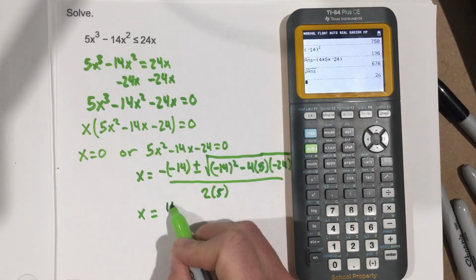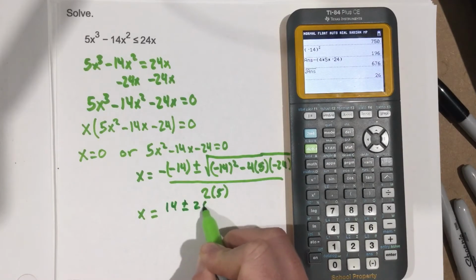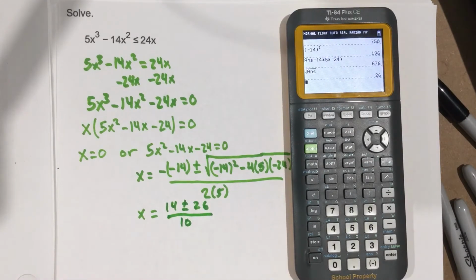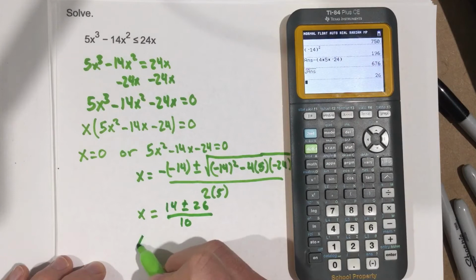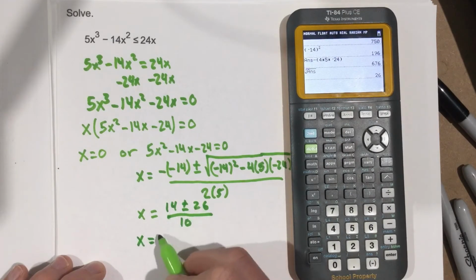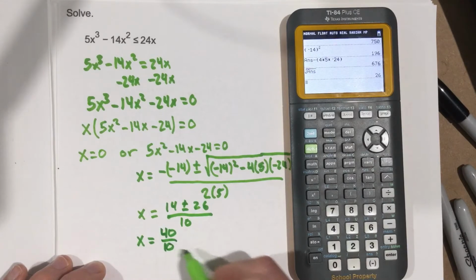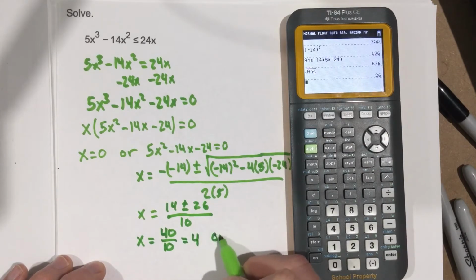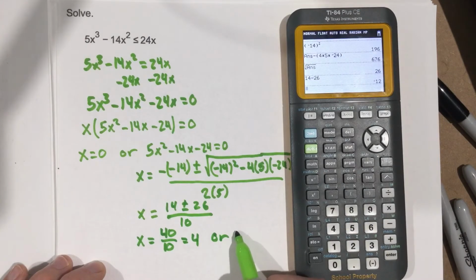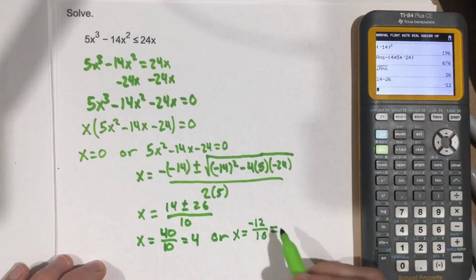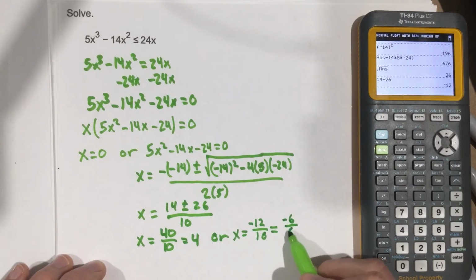So now I have 14 plus and minus 26 over 10. So my options here are x is going to equal 14 plus 26, which is 40 over 10, which is 4, or 14 minus 26, negative 12, so x equals negative 12 over 10, which reduces to negative 6 over 5.